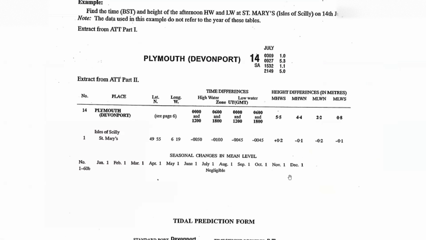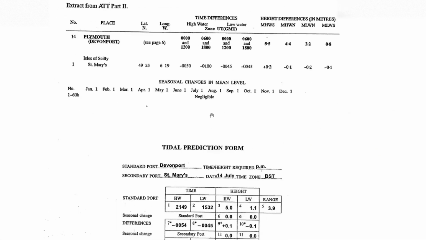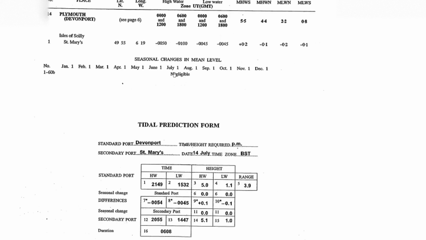Okay, so the only problem is you have to observe the seasonal change. So dito, hindi natin maintindihan kasi negligible yung seasonal change. But for example, the seasonal change is negative 1 dito for July. Palagay natin negative 0.1.